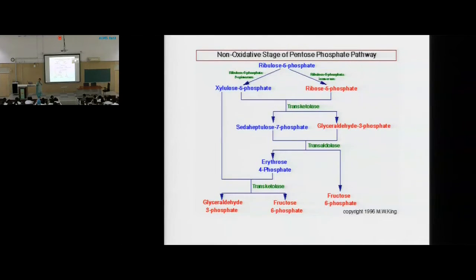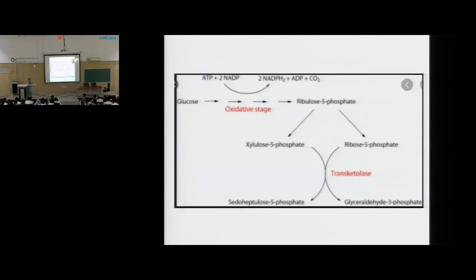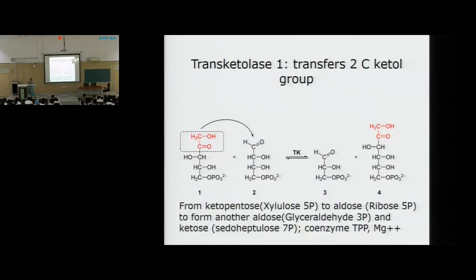I will repeat it again in the subsequent slides, so that you can go through the slides and understand. The first reaction here is xylulose reacting with ribose. Xylulose will be the giving component. It will give 2 carbon to ribose, sedoheptulose is formed and glyceraldehyde 3-phosphate is formed. So what is the transketolase reaction?